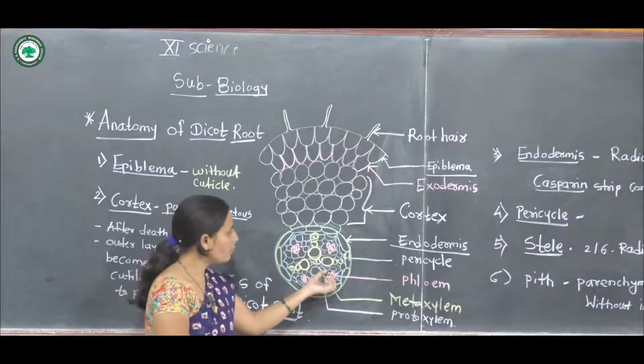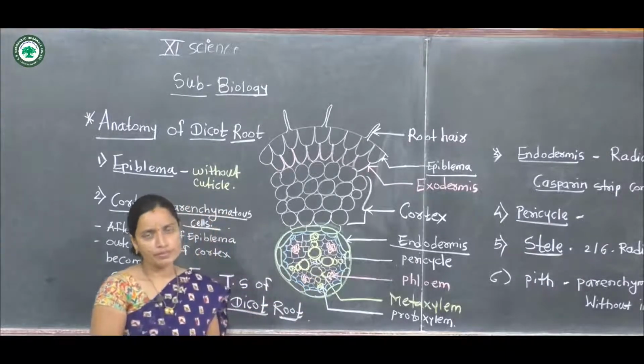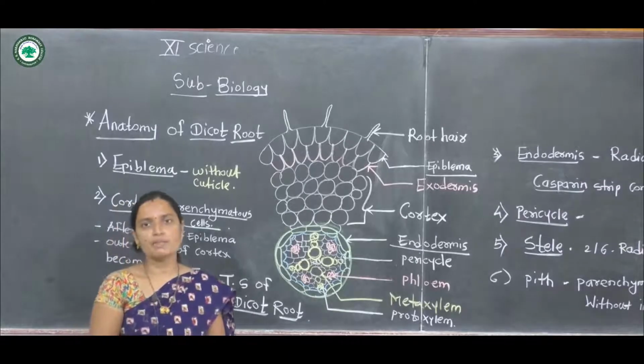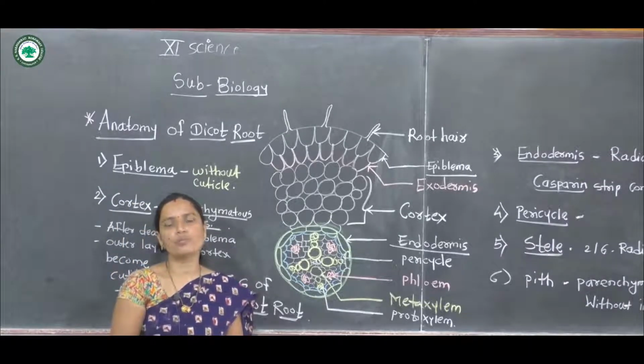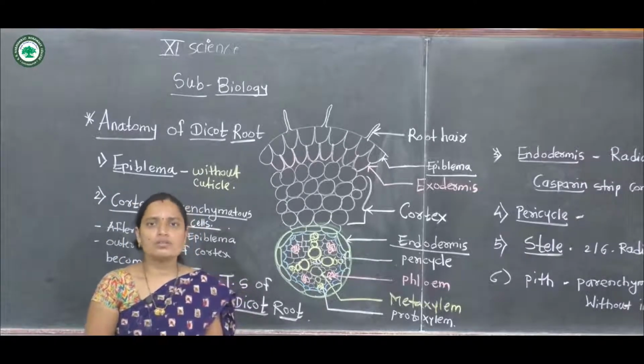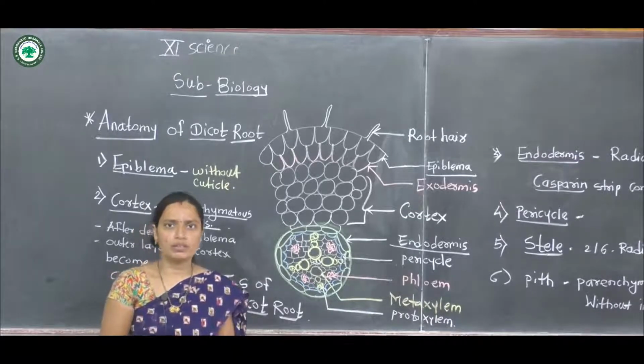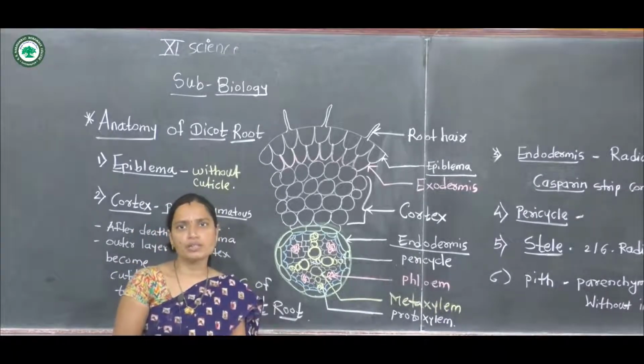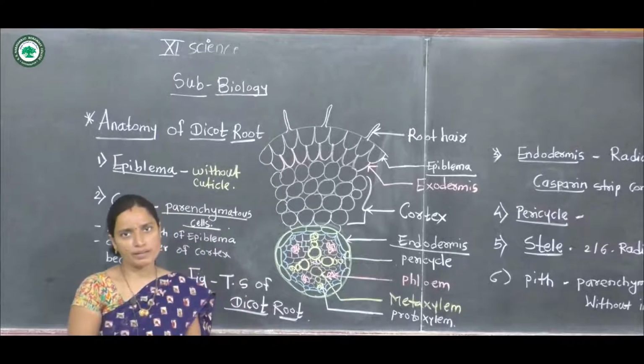The most important function of phloem, a complex permanent tissue, is the transportation of food material, conducting food from other parts of the plant.